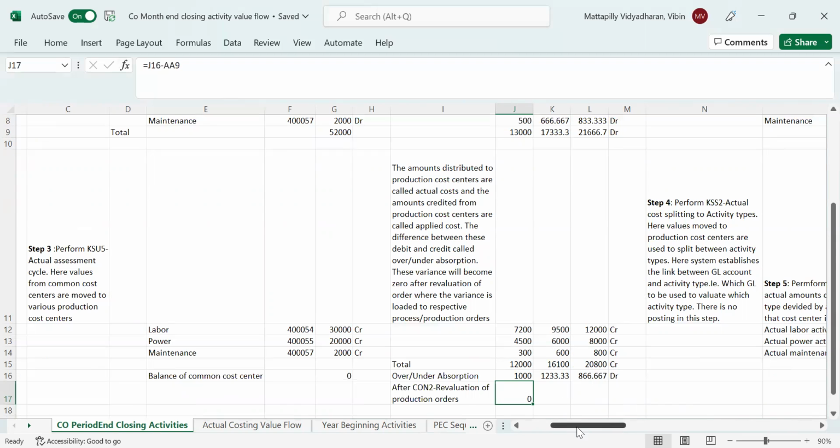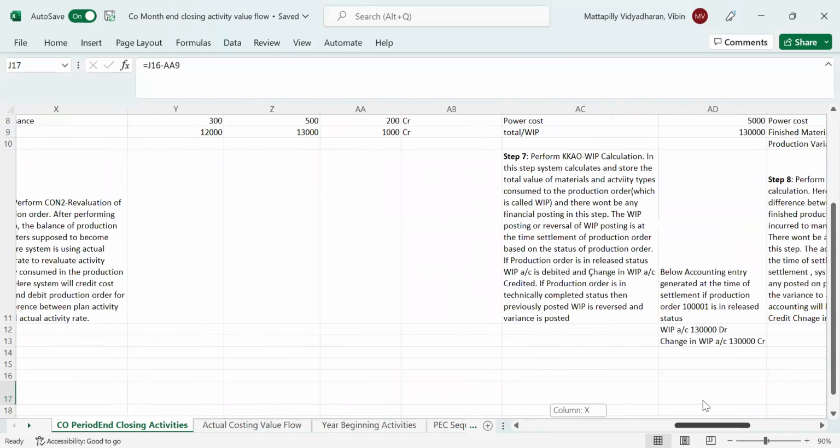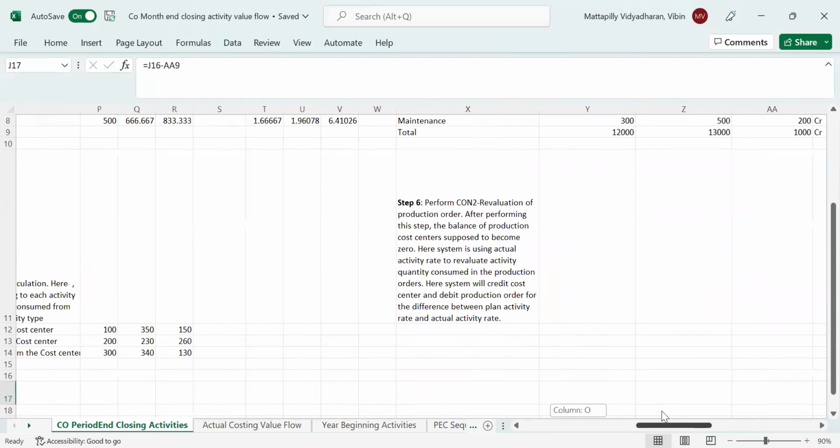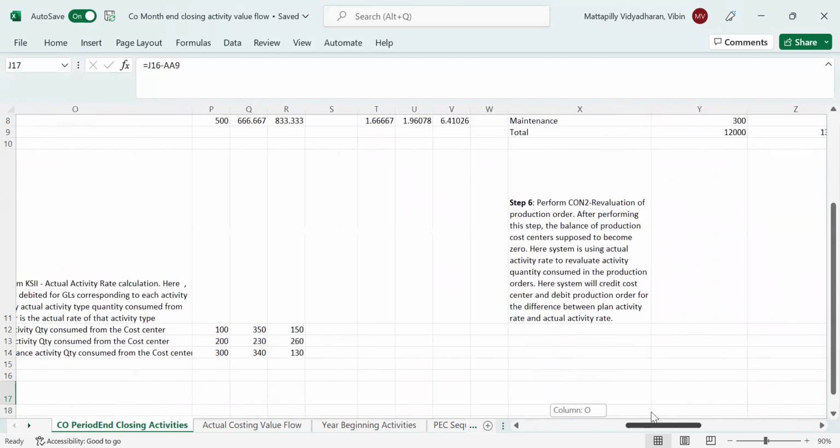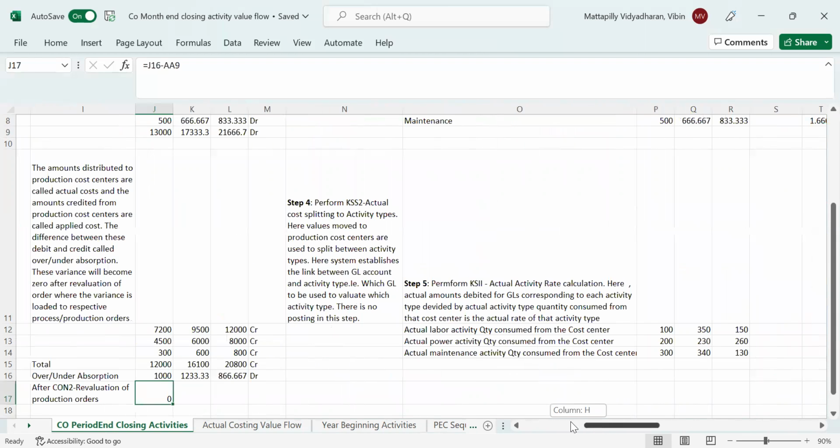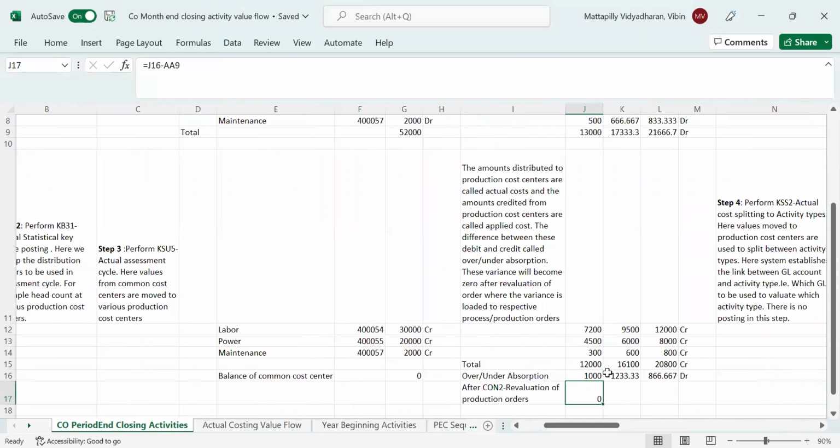How has it been calculated as 0? J16. So what is J16? J16 is nothing but this over under absorption in cost center 1, 1000, minus AA9.